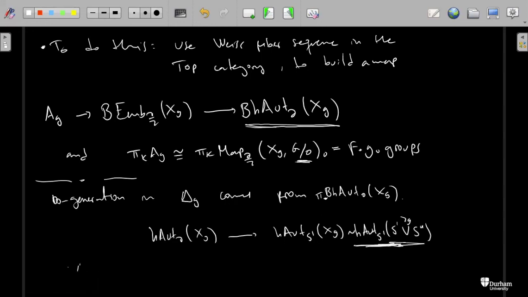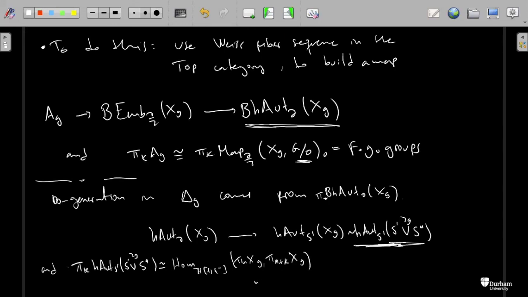So for example, pi k of this space is isomorphic to something very concrete, which is only about the homotopy of the space Xg: a Hom over Z[pi1] of pi n of Xg, pi n plus k of Xg, right? So you can fully compute these things.